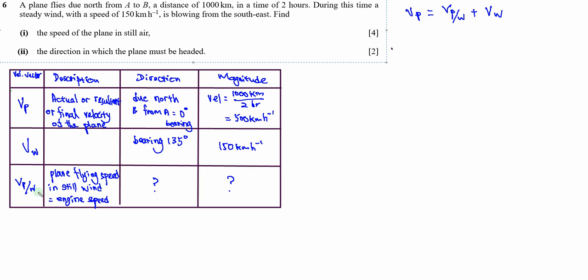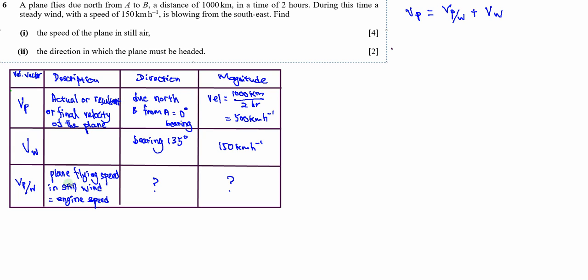Okay, now VPW, the third velocity vector, this is the flying speed in still wind. Basically it is talking about the engine speed. This is the engine speed when it's flying in a still wind.